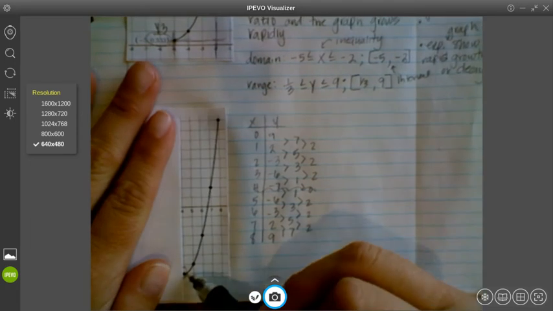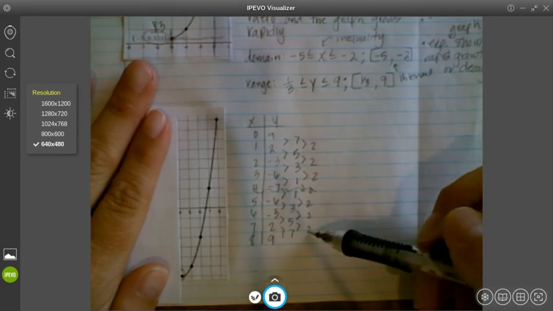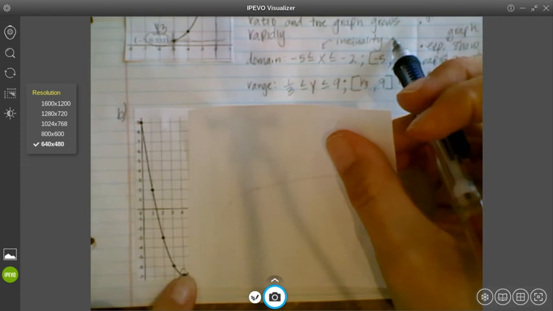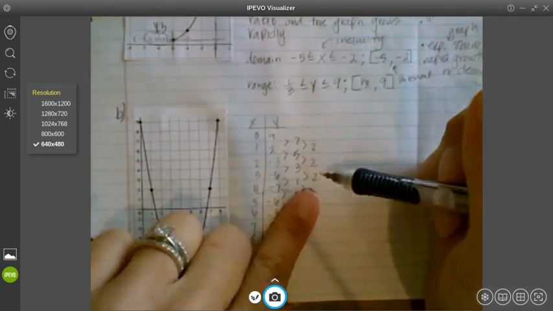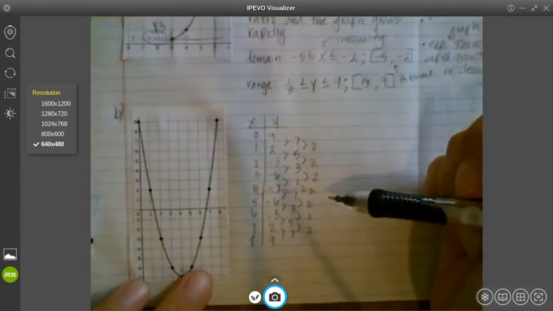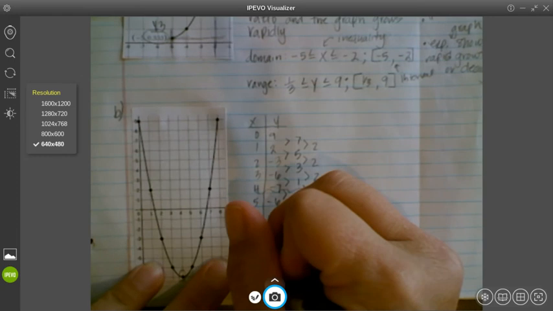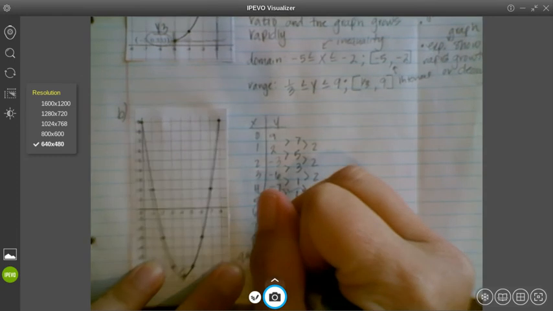If we start at that value, you'll see that the second difference was the same, or if we were even looking at the other side of the graph, these values here, those second differences are the same as well. So we do have common second differences here, which indicates that we have a quadratic function.